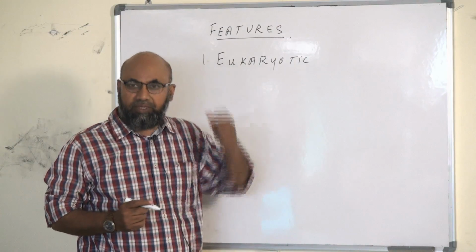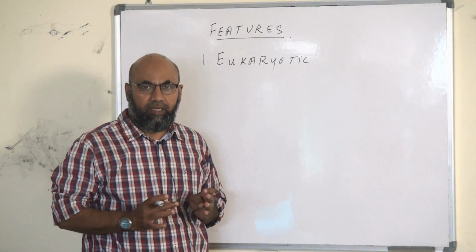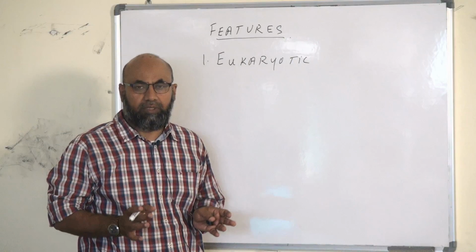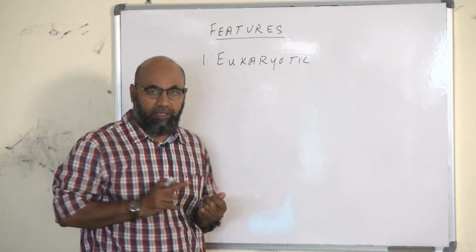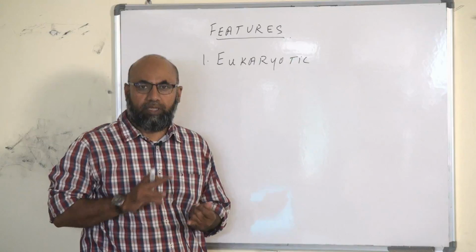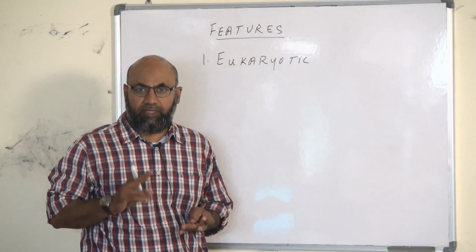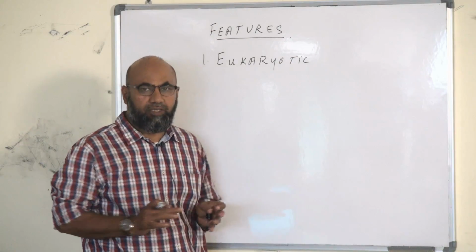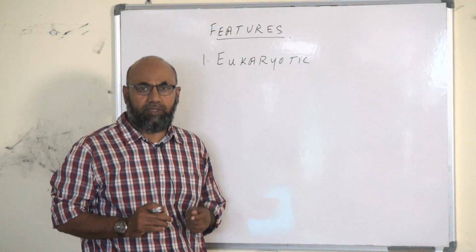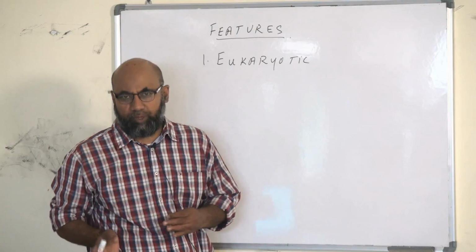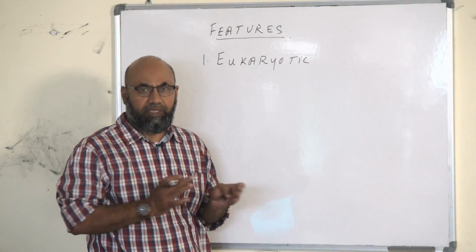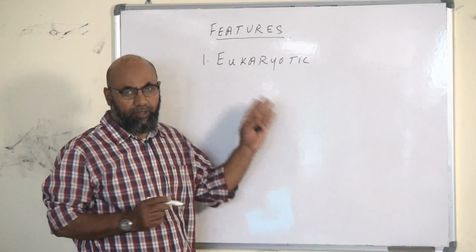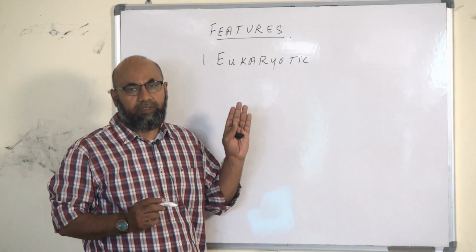This basically means that the fungi contain all the regular cell organelles that we know of. That means they contain mitochondria, the endoplasmic reticulum, the Golgi apparatus, the nuclear membrane. So all these cell structures that are basically missing in the prokaryotes, to which the bacteria belong, are all present in the fungi. So hence fungi are eukaryotic, containing all the regular cell organelles.